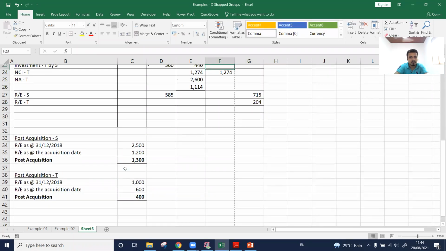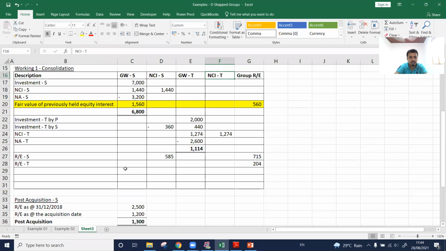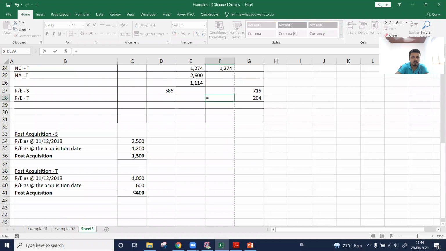The remaining 49% belongs to other shareholders of T. It means we need to allocate it to NCI of T. Out of this 400, the remaining 49% should belong to NCI of T, 196.